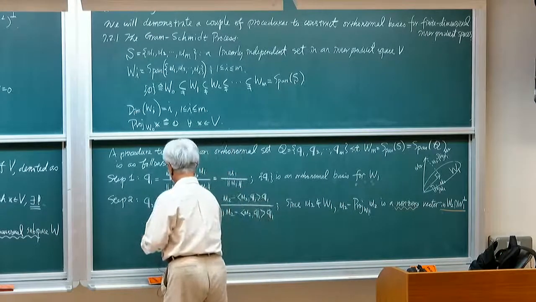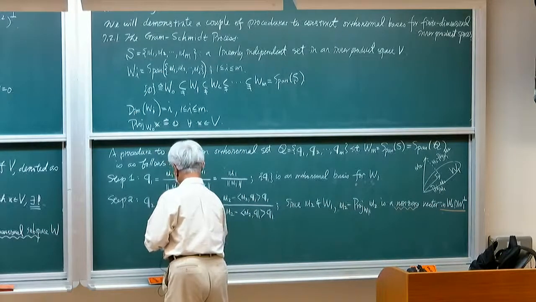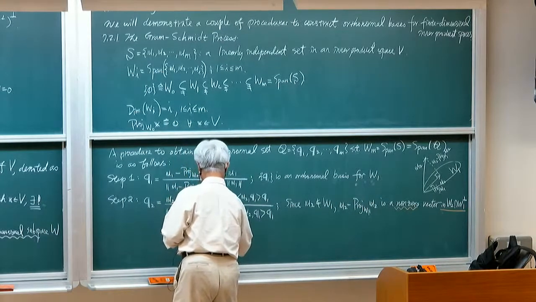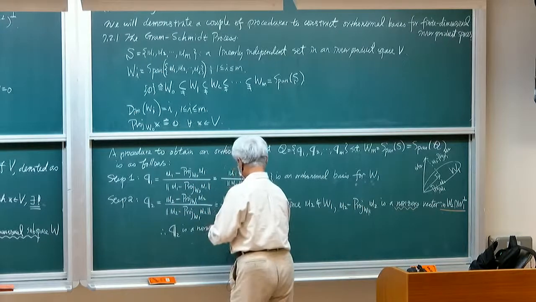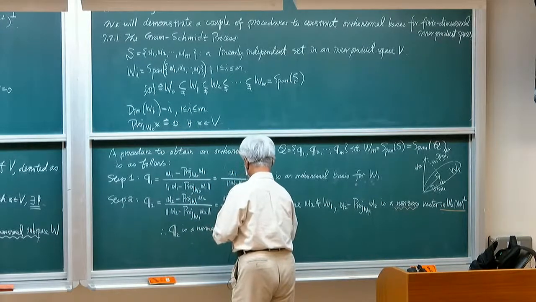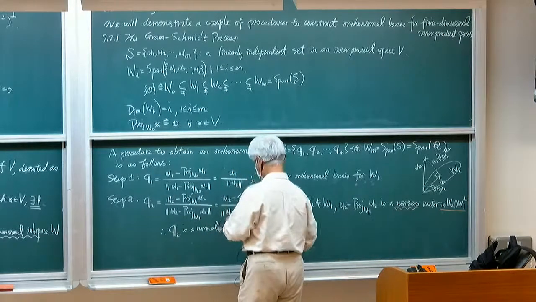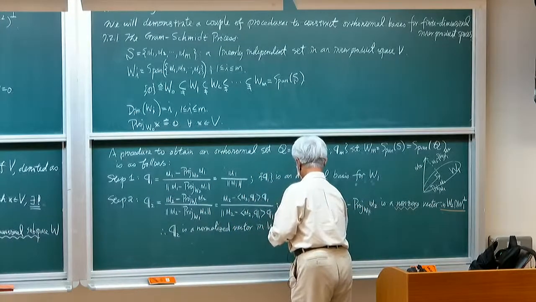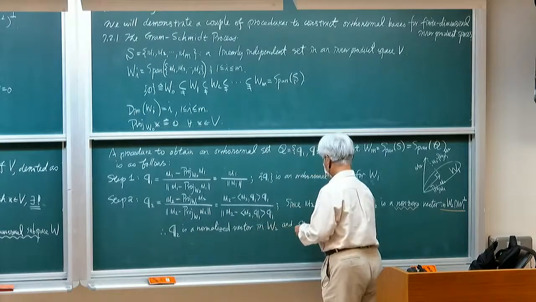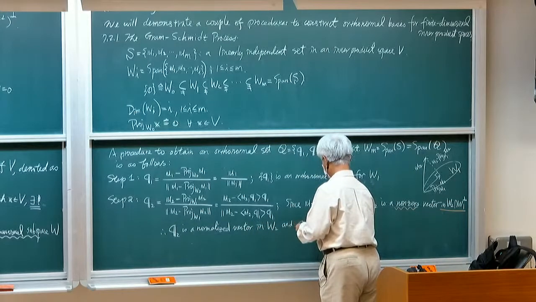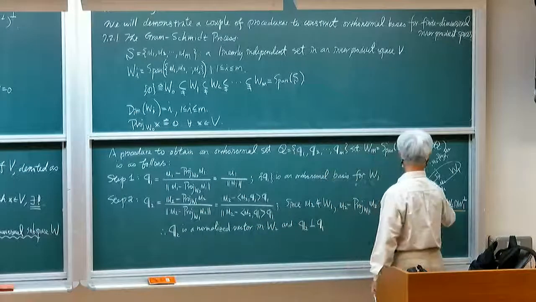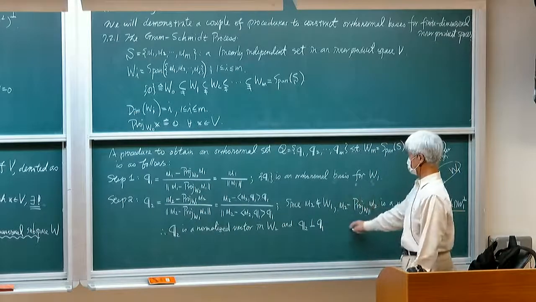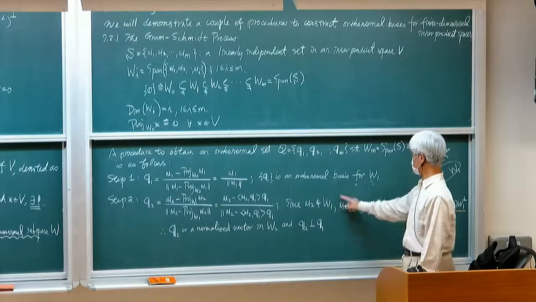So Q2 is a normalized vector in W2, and Q2 is orthogonal to Q1, because Q2 is the normalized version of this difference.